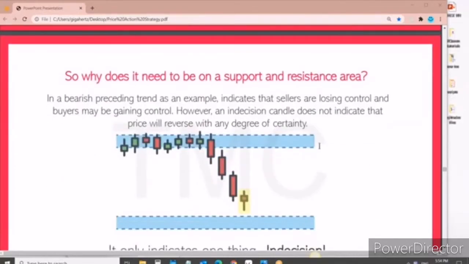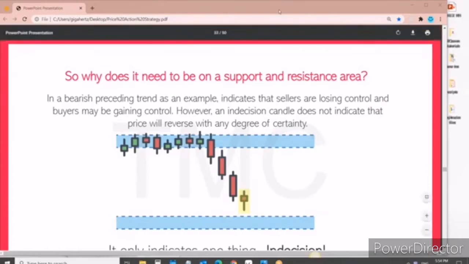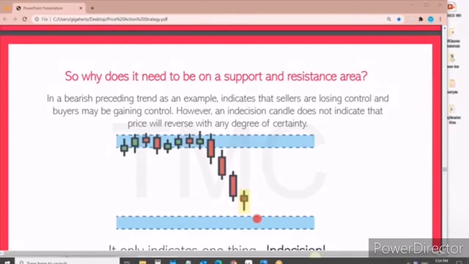Dito tayo. So, why does it need to be on a support and resistance area? So, bakit kailangan hihintayin natin? Bakit hindi pwedeng nandito na siya? Ayan. Kasi I understand naman, guys, even me, sometimes we want to enter early, lalo na pag yung prediction mo, halimbawa, the price is going up.